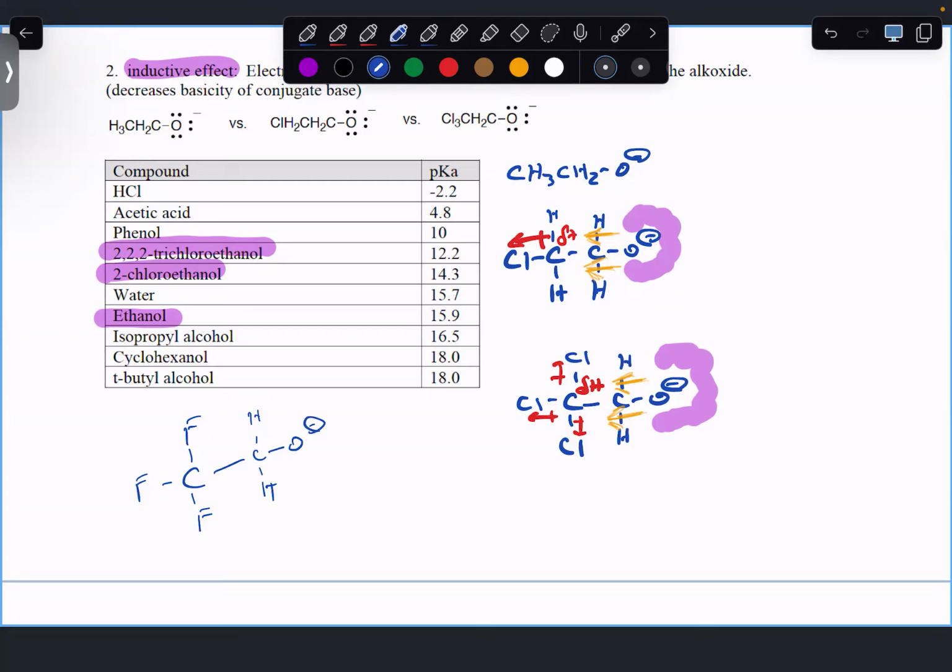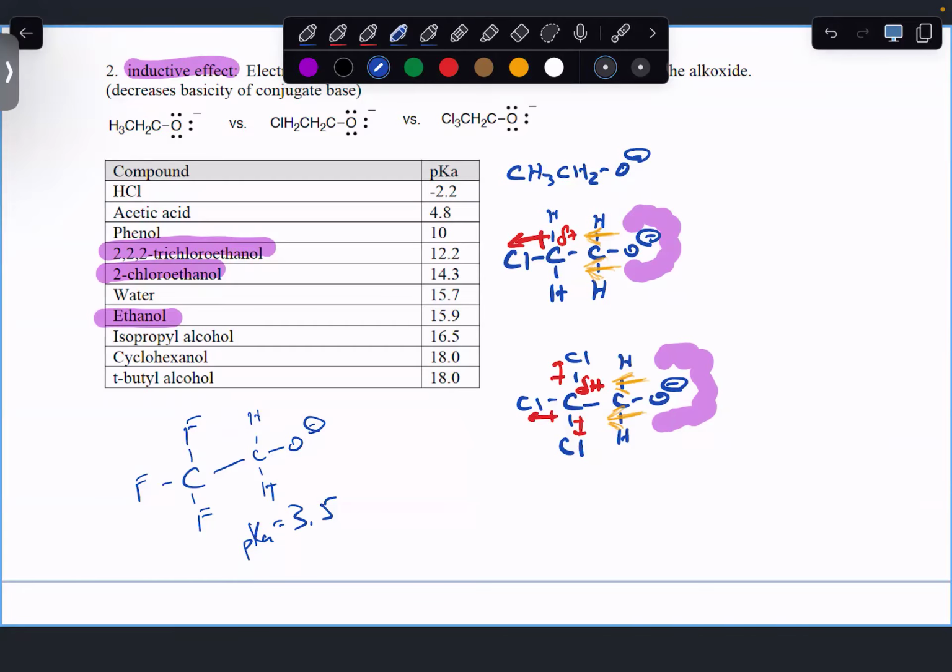If you have the trifluoro, that's going to drop it down to about 3.5 pKa. All right. So this inductive effect can play a significant role in the acidity of the alcohol.